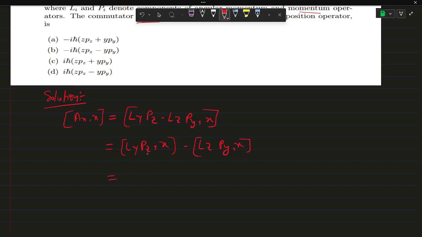Now just looking at this, when we break it, the part which has the commutation of Pz and x, the Pz x commutation is 0. So we will be left with only Ly x, and Pz will come out, minus again here the commutation of Py with x is 0. So again here we are left with Lz x, Py will come out.